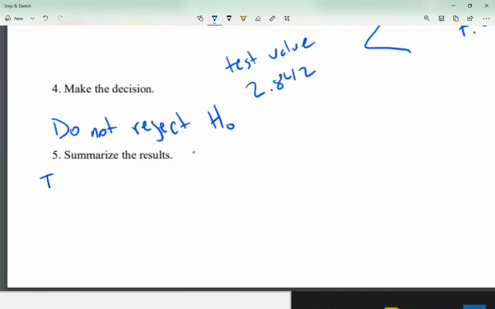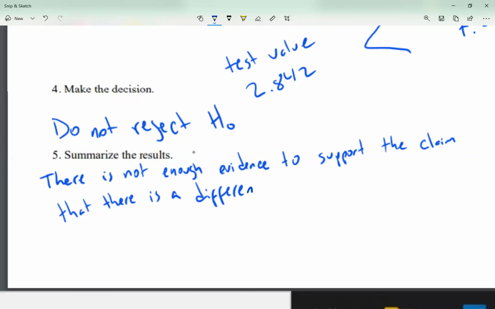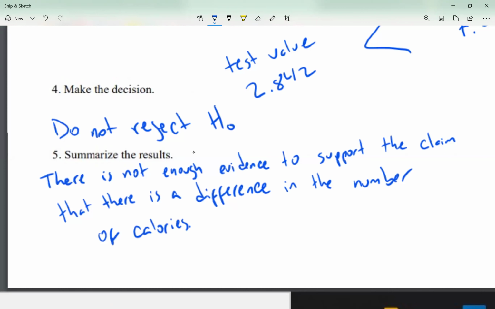So I'm gonna say there is not enough evidence to support the claim that there is a difference in the number of calories.